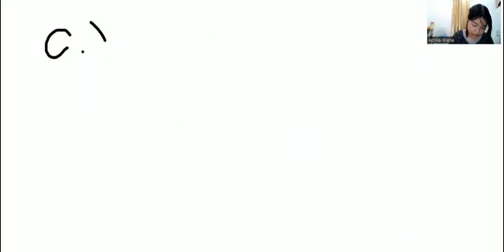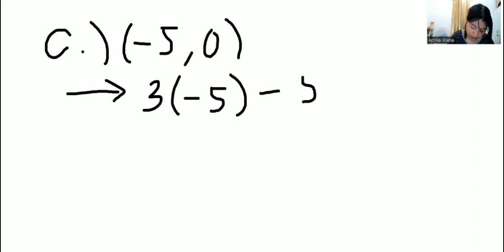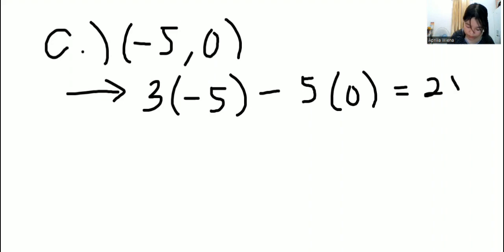We continue to the C. C here is minus 5 and 0. Same as the first and second one, we substitute the x and y, which is 3 times minus 5 minus 5 times 0 and equal 25. We just basically do this to all the 6 points.